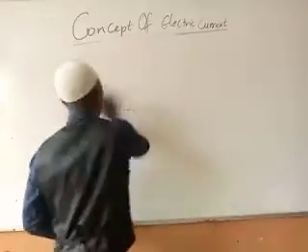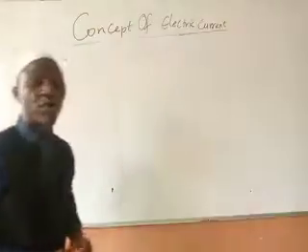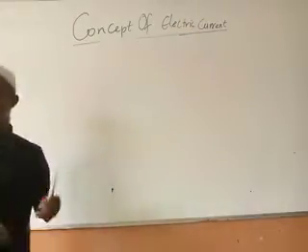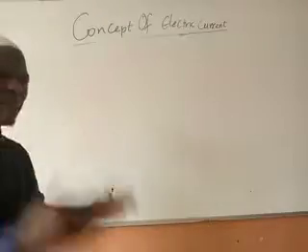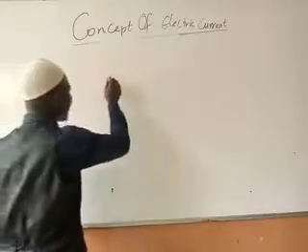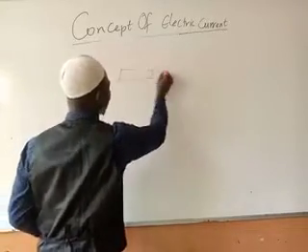Now let's go to resistor. Like I said, resistor resists the flow of current in the circuit, and it's measured in ohms. Then what are the factors that can affect the resistance of a conductor? Let's say we have this one. This is a resistor.